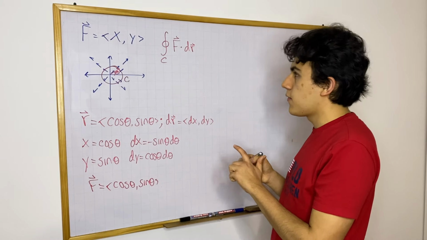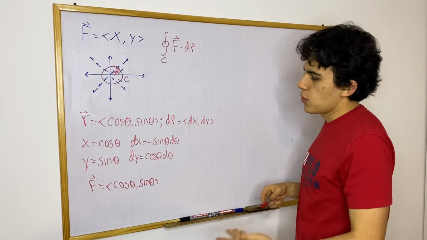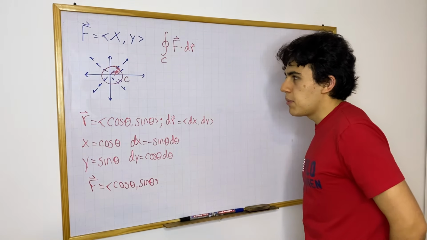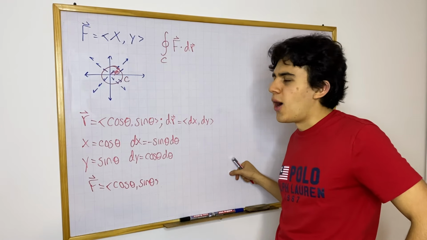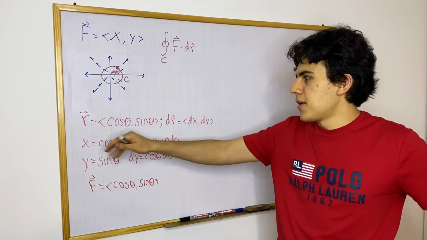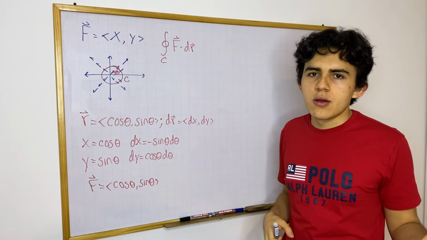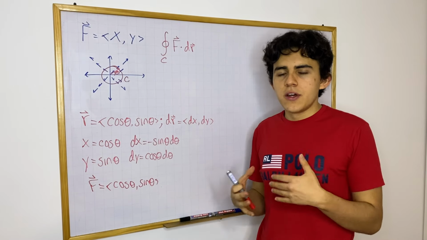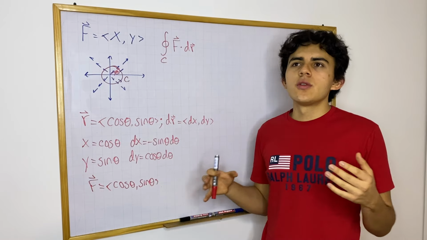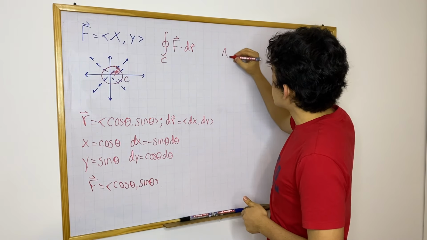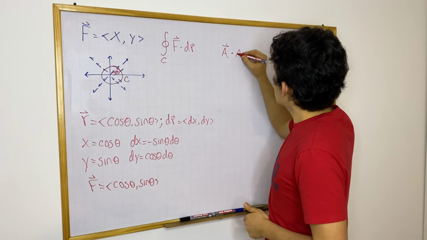So this is what we have for F, and maybe you can already see something kind of odd. F and r are exactly the same. Now, what happens if you take the dot product of a vector with itself, like A dot A?